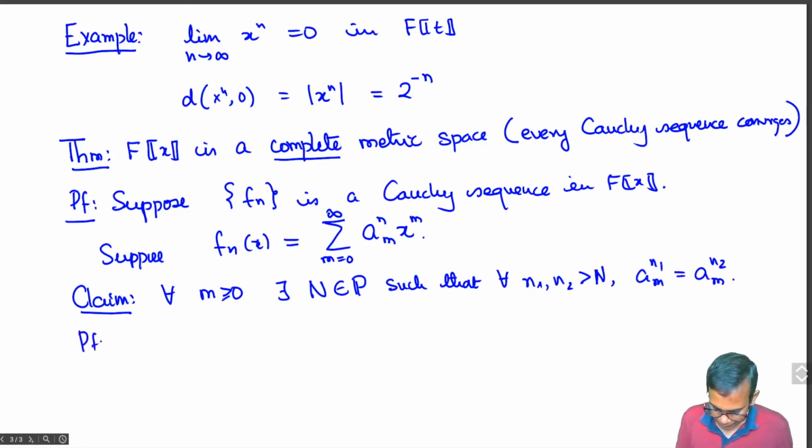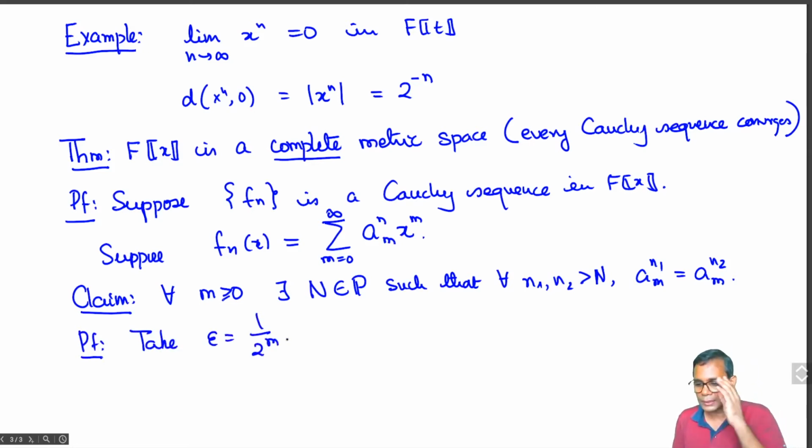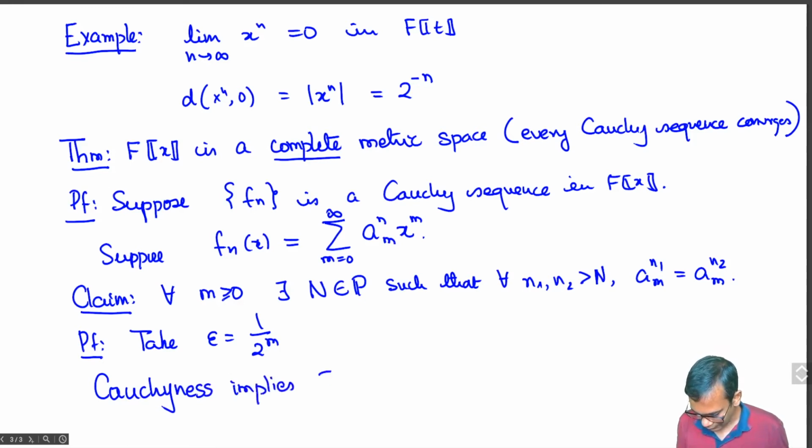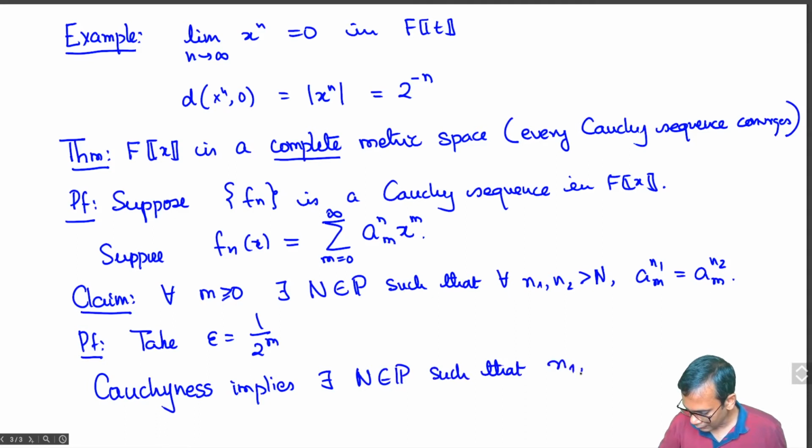And the proof of this claim is very simple. Just take epsilon to be 1 over 2 to the power m, and now use the condition for being a Cauchy sequence. So Cauchiness implies that there exists n in the positive integers such that if n1 and n2 are greater than n, then, no, that's not what it implies.